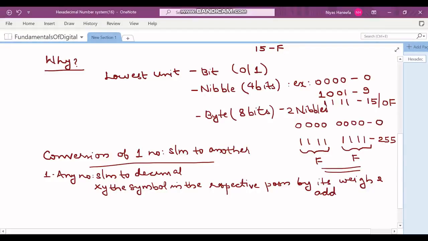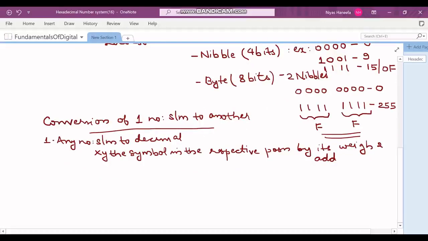Suppose I want to convert from binary to decimal. The binary number, like I mentioned previously, was 1001. What did I tell in the above step? Multiply the symbol in the respective position by its weight and add. So this is the lowest position.